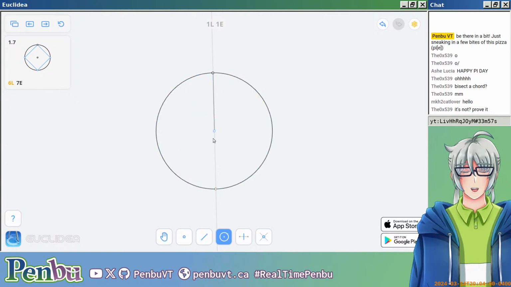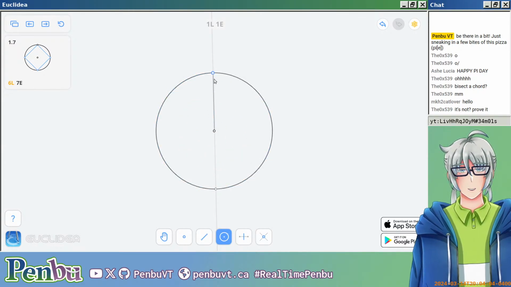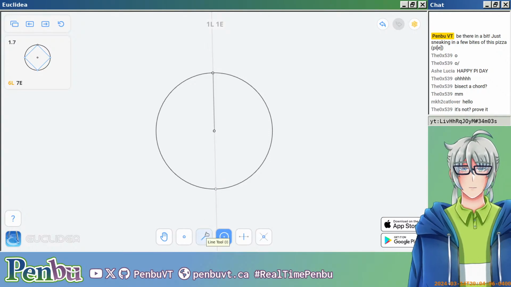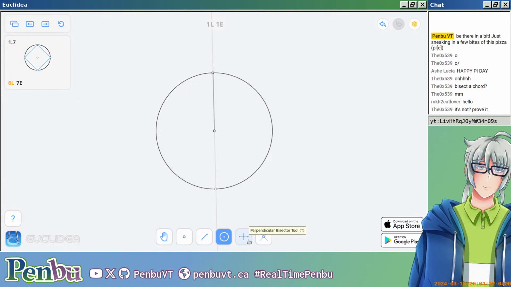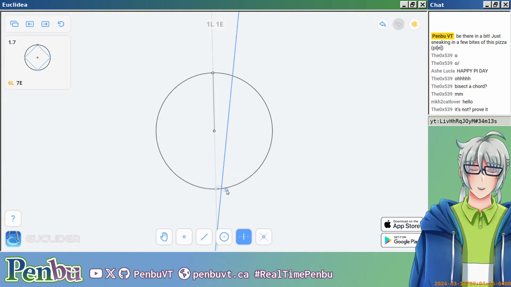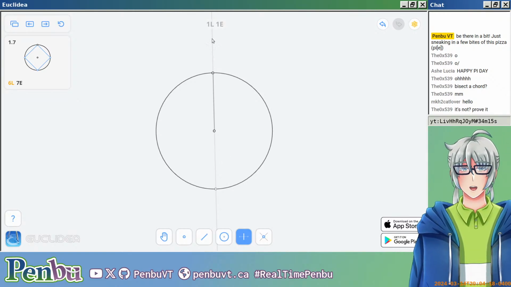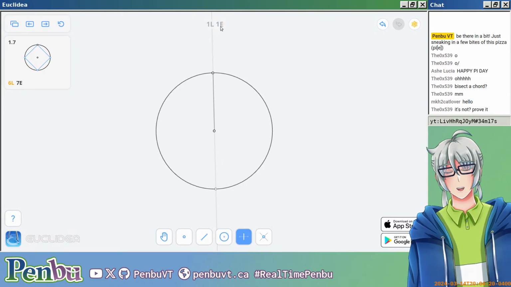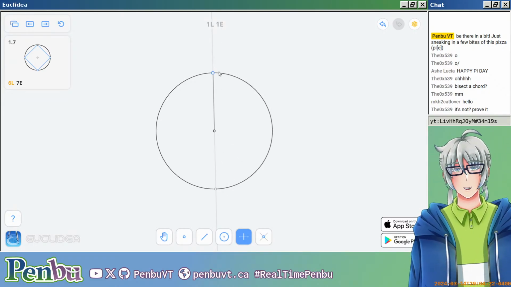So doing this is useless because that's exactly the same as the circle itself. And we can't use another bisector because that's 3. Well, what are we at right now? We are at 1. And we need 4 to draw the square.